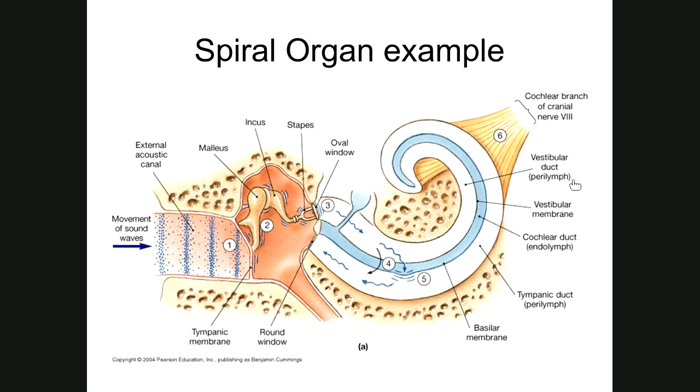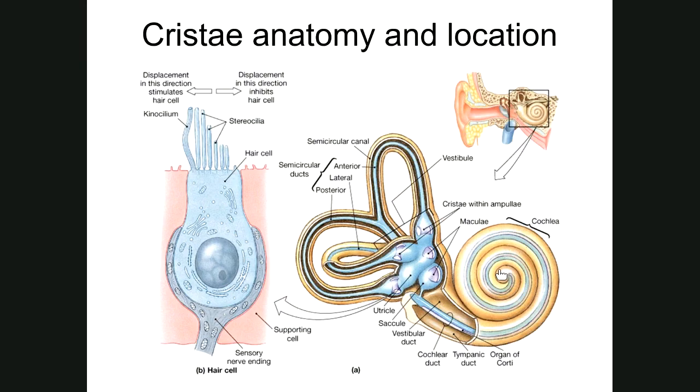So the oval window is what the stapes is pushing on. Some of these pressure waves, which you can see here, travel to the end of the cochlea. This is uncoiled here, and the tip right there is called the helicotrema.